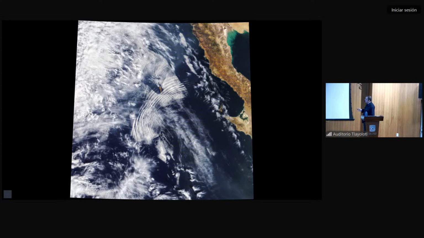The topography produces very beautiful waves and other vortices, like Kármán vortices, associated with the motion. These are not pictures of tropical waves, excuse me for that, but they are beautiful examples of waves produced by topography that some of them can also be tropical waves if they occur in the tropical regions.